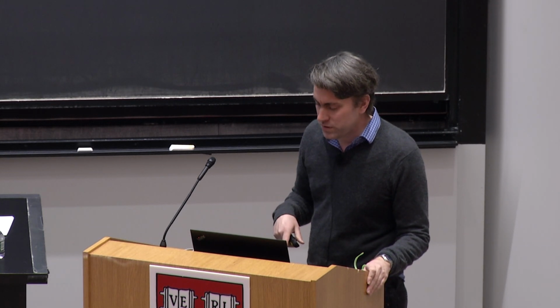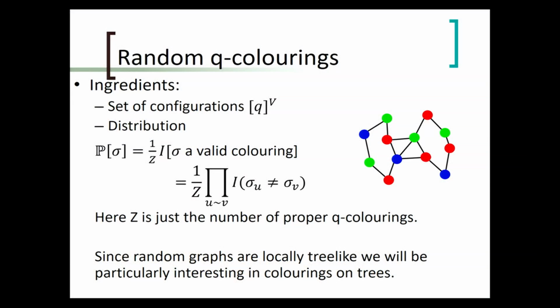There'll be very few small cycles. So the graphs are locally tree-like in the sense that if you pick a random vertex in the graph and look at a ball of constant radius around it, what you'll see is a tree. So we're going to look at colorings and other models just on trees.